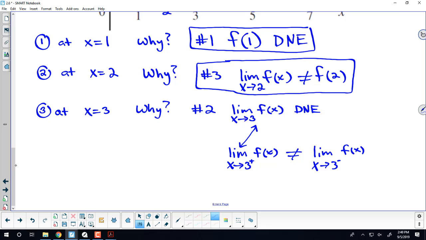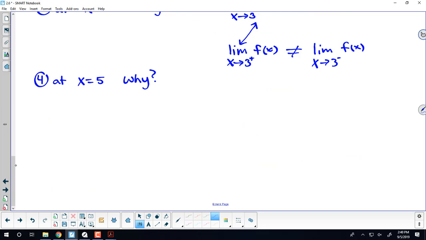At x equals 5. Why is it not continuous at x equals 5? There's a vertical asymptote, okay? So what does that mean about our checklist? Number 1, yeah, the function is not defined at x equals 5. There's a vertical asymptote there.